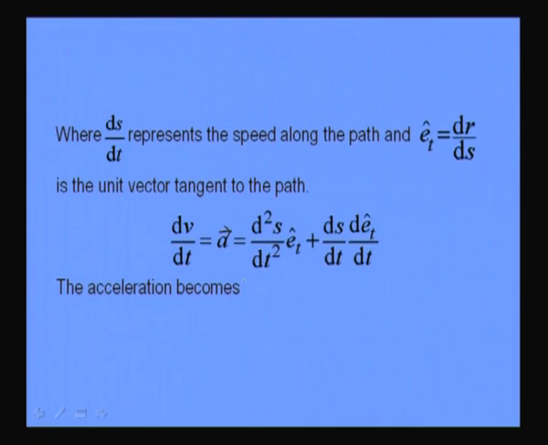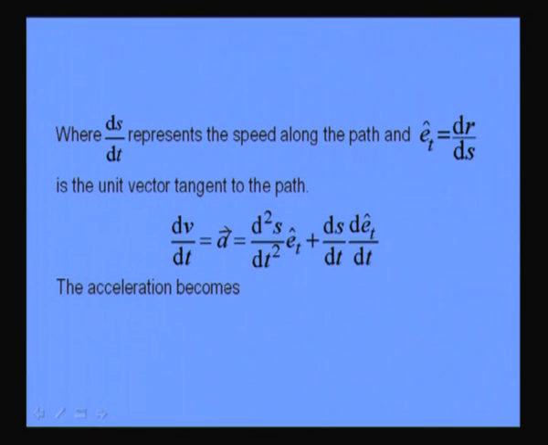So if you differentiate, then dv by dt is equal to a, which is equal to d square s by dt square et, plus we apply the product rule for differentiation. First differentiate this one, the second differentiate et with respect to time. So you get another term, ds by dt det by dt.